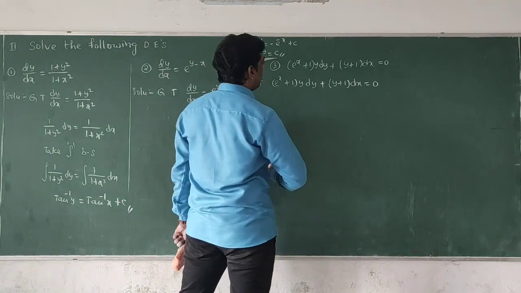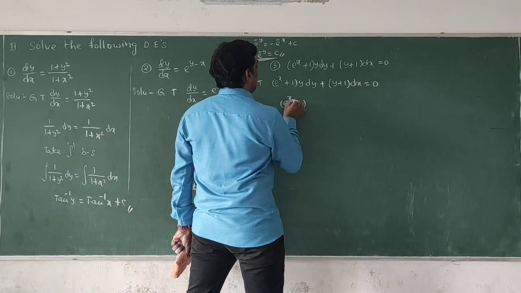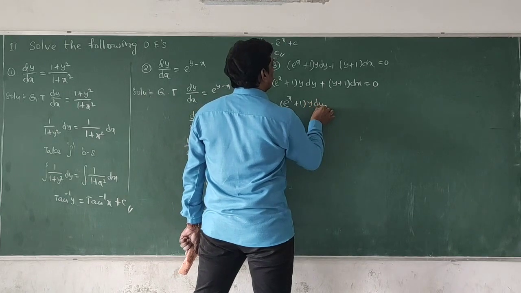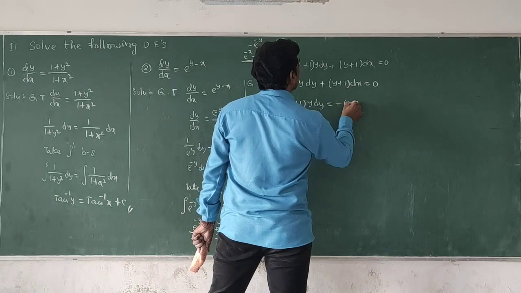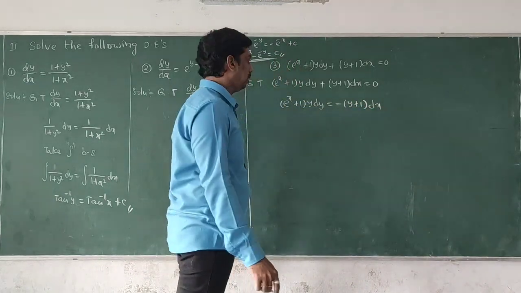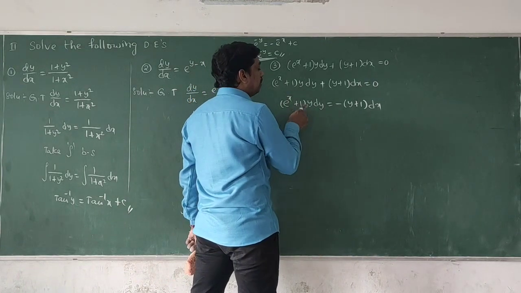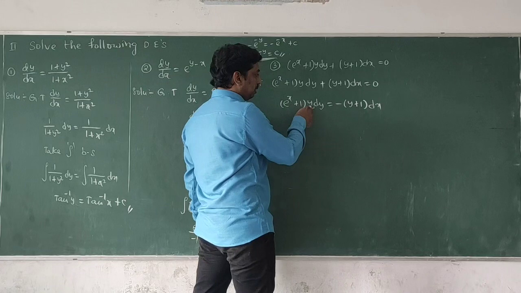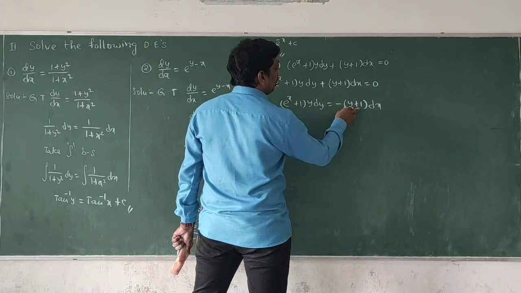That's why we need to separate this one. e power x plus 1 into y dy, plus the term taken to the opposite side, minus of y plus 1 into dx. With respect to y, the total y terms must be written in the LHS only. Simplify into LHS only.